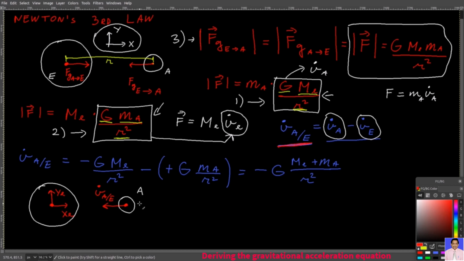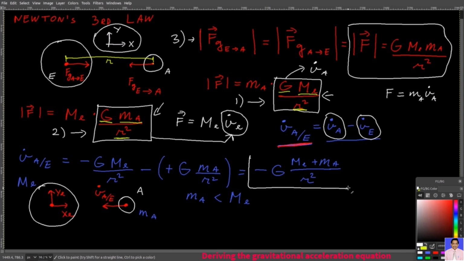Now the thing is that if m sub e is the mass of the Earth, and m sub a is the mass of, let's say, the Moon, then even though the mass of the Moon is smaller than the mass of the Earth, it's not negligible. The Moon still has a considerable amount of mass compared to the Earth.